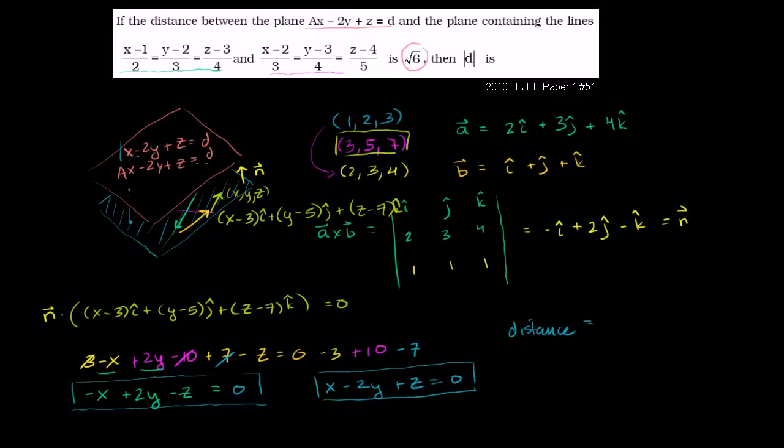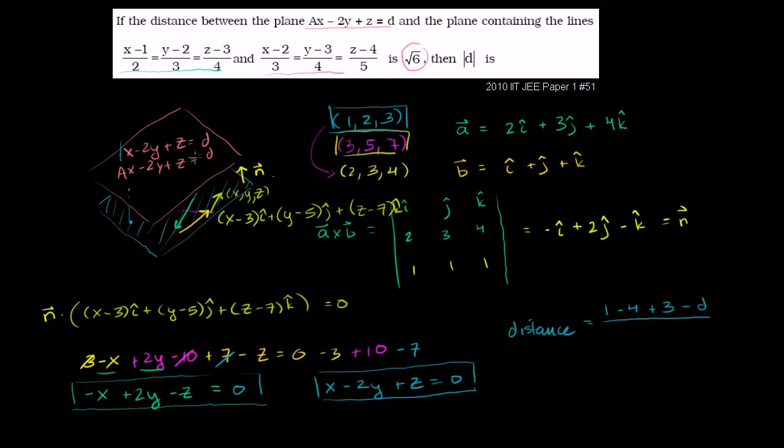So it's literally going to be 1. I'm actually using this point right over here. It's going to be 1, because we just have 1x, so it's just going to be 1 minus 2 times 2, 1 minus 4, plus 3, minus d. Here, the d is just d, so we're just going to write minus d. All of that over the magnitude of the normal vector, and we saw in several videos that's just the square root of the sum of the squares of the coefficients.